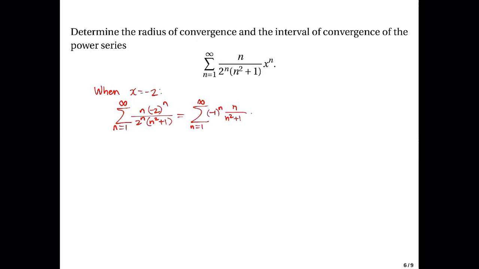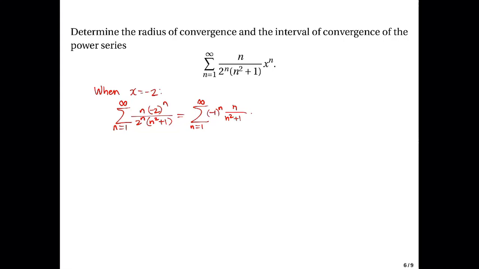Now we will use alternating series test for this. We know that n over n squared plus 1 is always positive. Then let's check if it is decreasing, and let us show that the limit of this is equal to 0.